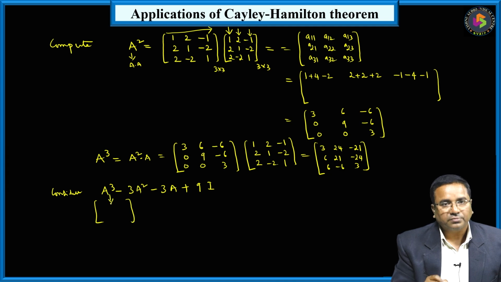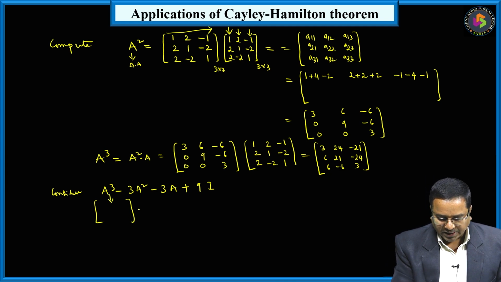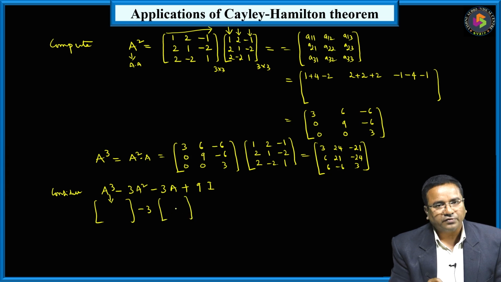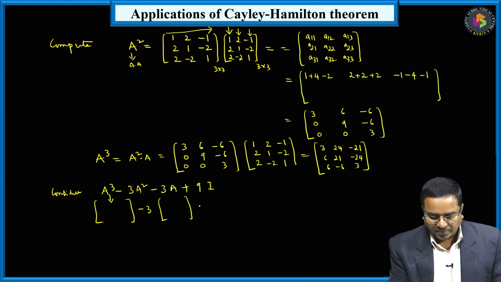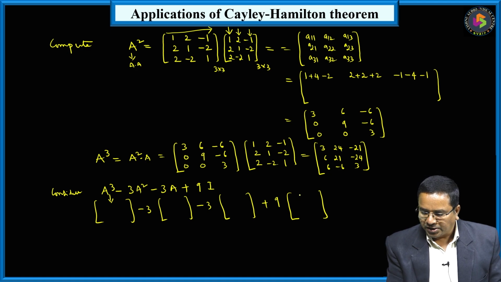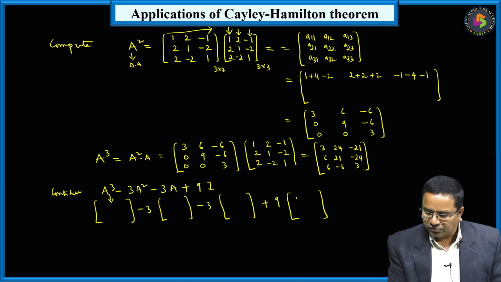Whatever we have, this one. Minus, here you have to write A square. Again here write A. This I take as the identity matrix, so this is 1 0 0, 0 1 0, 0 0 1.